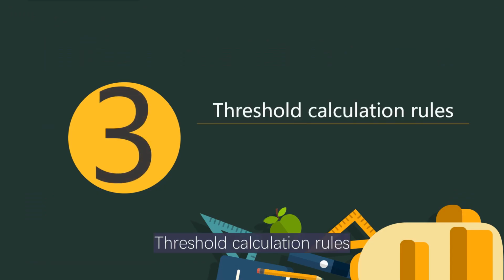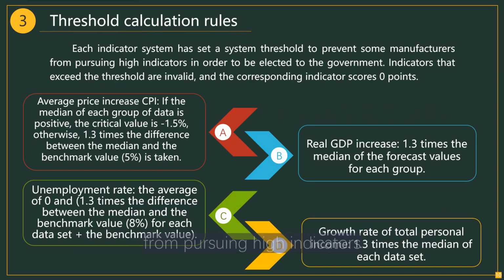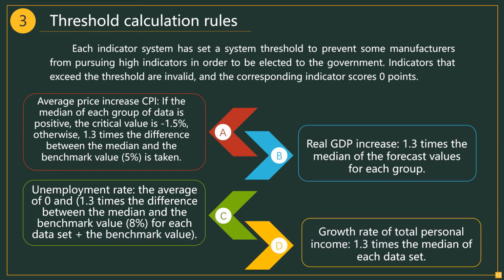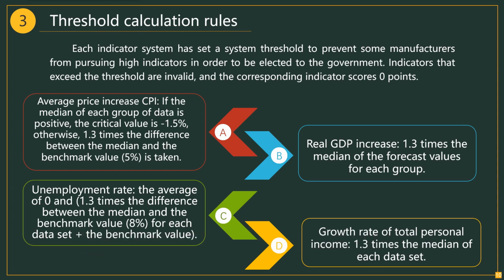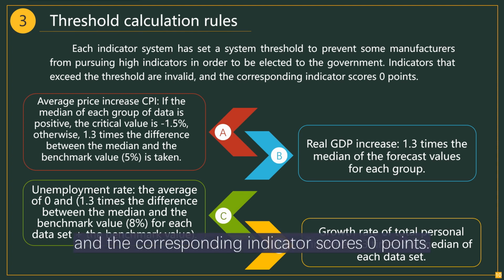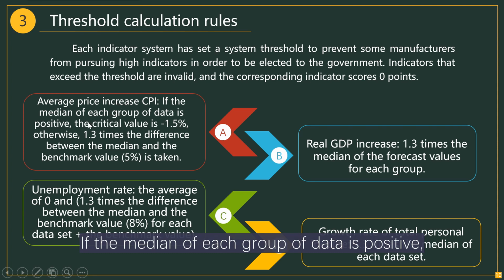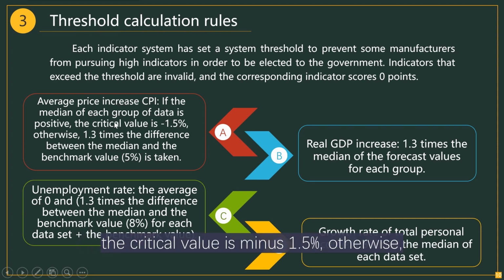Threshold calculation rules. Each indicator system has set a system threshold to prevent some manufacturers from pursuing high indicators in order to be elected to the government. Indicators that exceed the threshold are invalid, and the corresponding indicator scores 0 points. Average price increase CPI: if the median of each group of data is positive, the critical value is minus 1.5%.